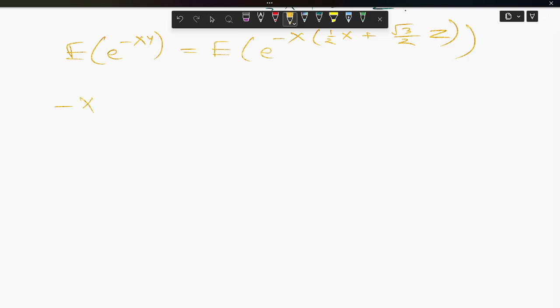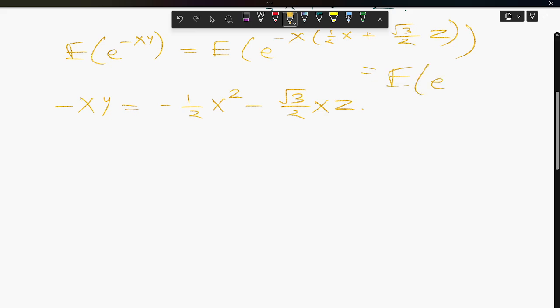The exponent minus XY is equal to minus half X square minus root 3 by 2 XZ. Thus our expectation will be the expectation of e to the power minus half X square minus root 3 by 2 XZ.